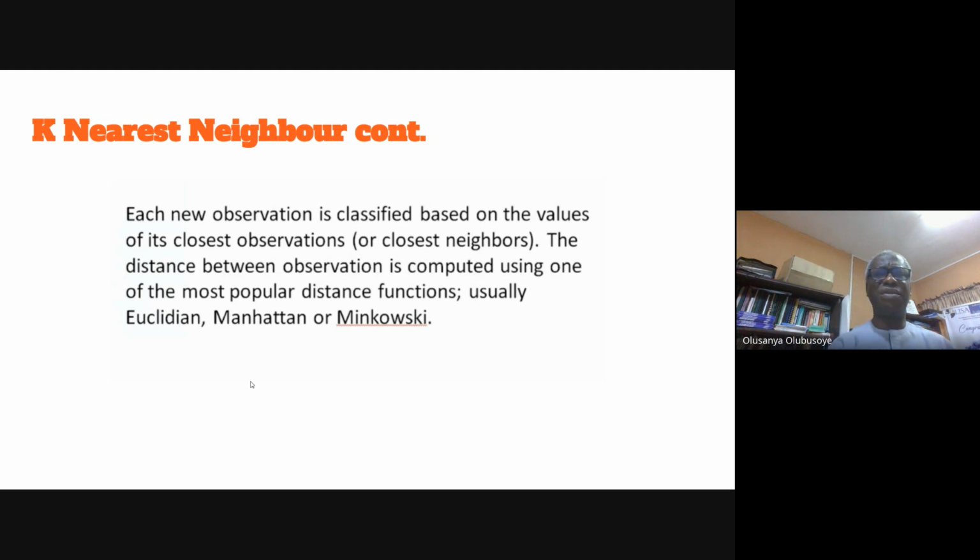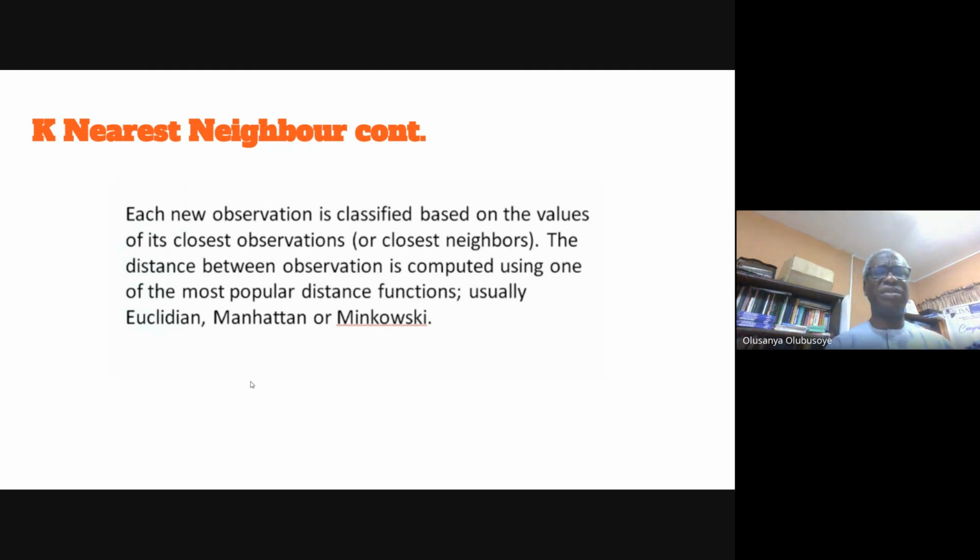We can also be interested in predicting whether they are potential outliers. So you can do that. So a new observation is classified using the KNN approach.